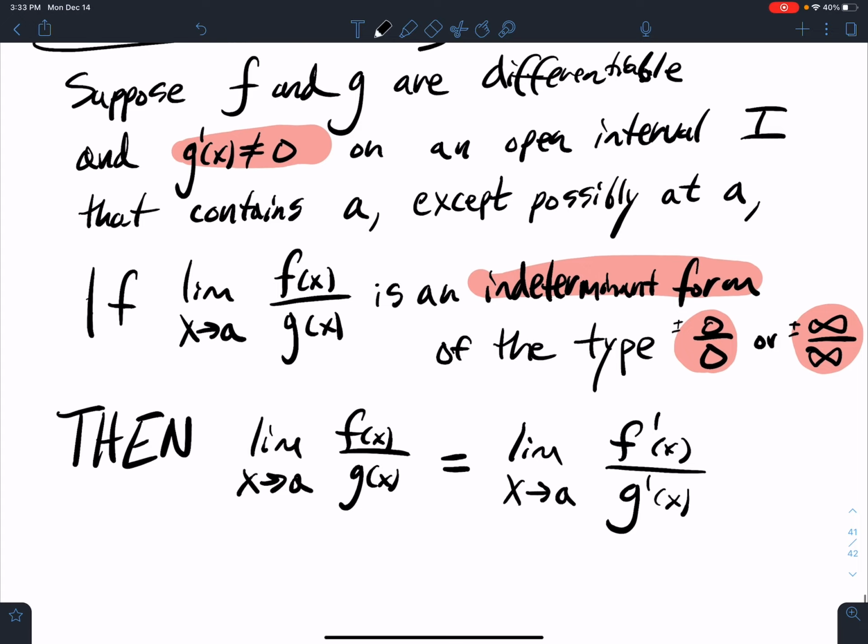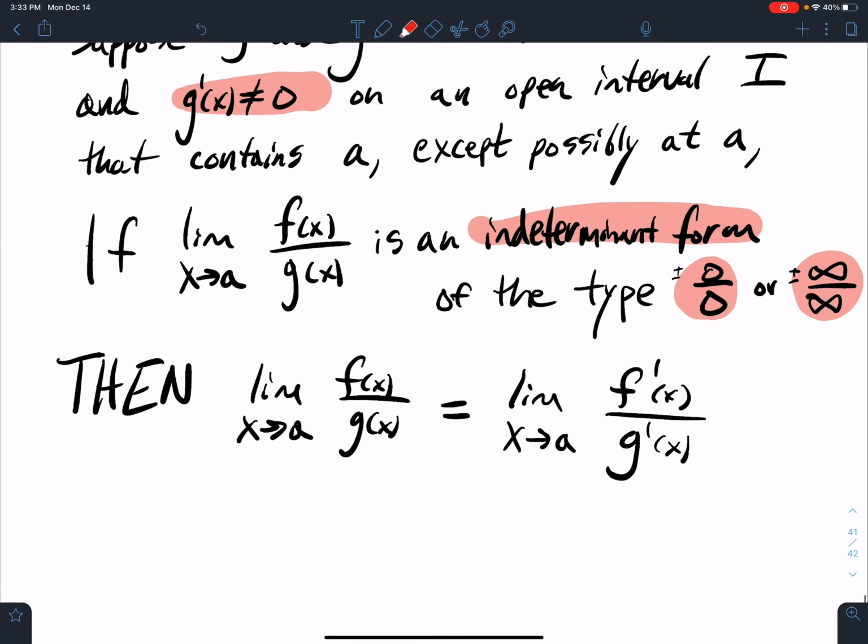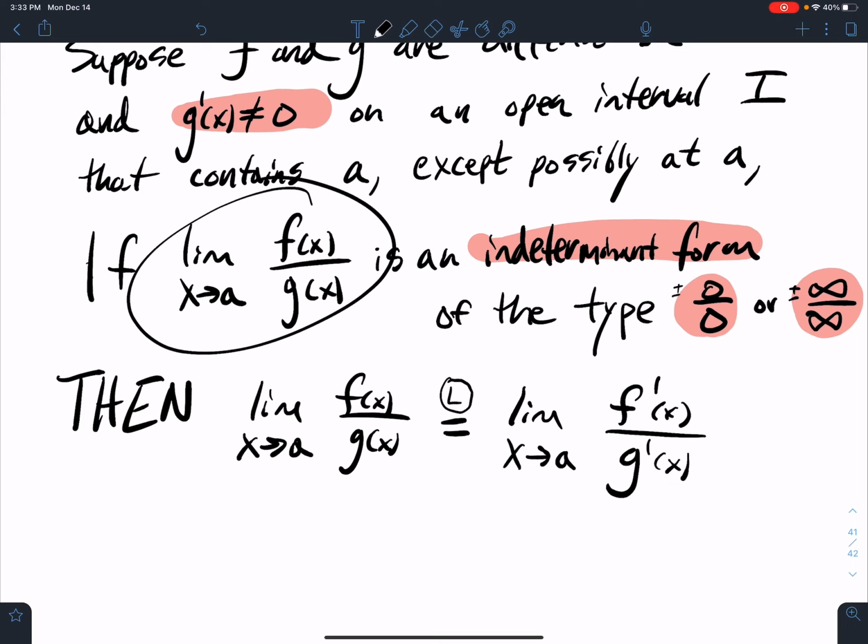What I like to do to designate that I use L'Hopital's rule is put a little L with a circle over the equal sign, and that tells me that you use L'Hopital's rule to get from this step to this step. Take the derivative of the numerator, take the derivative of the denominator, write it out. If the original limit was indeterminate form, then that's what allows us to do this.